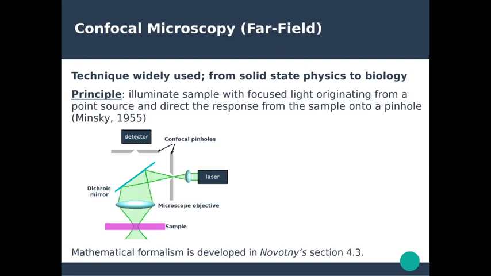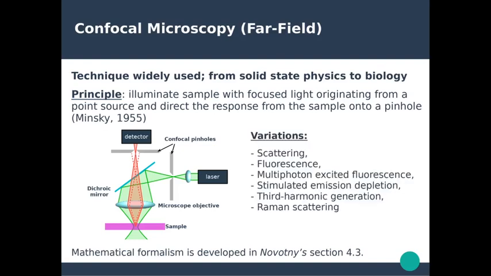So this is exactly what we have. We have this sample being illuminated with a focused beam coming from this point source, and then not all the signal will go through the pinhole to the detector. Some will be blocked, but the signal that will actually go through the pinhole and be detected will give you a very narrow, or actually narrower, point spread function than the non-confocal counterpart.